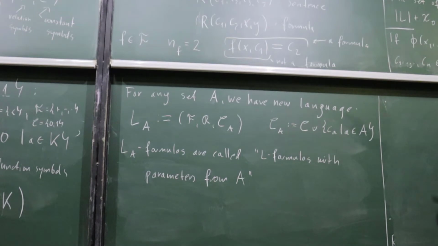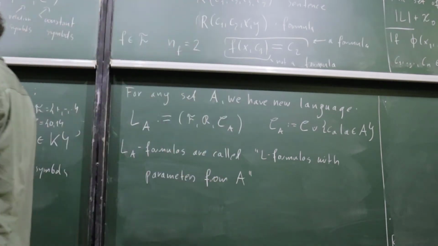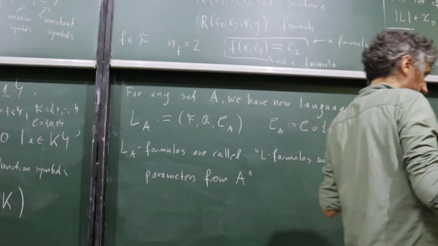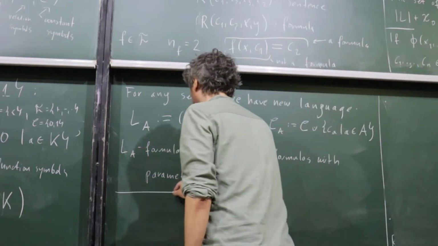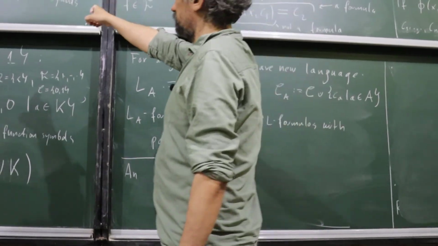So this was all about this abstract string of symbols in this general case when we have an arbitrary language. So now again we want to give meaning. So I want to talk about structures. So an L structure. So we have to interpret all of this.